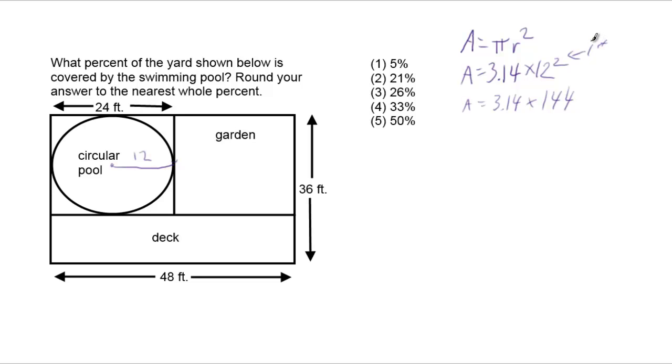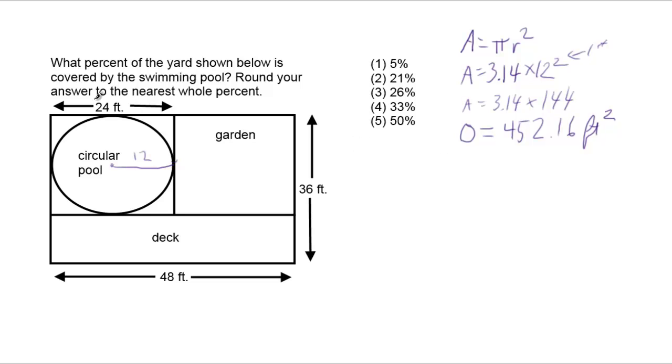So now we just multiply 3.14 by 144, and the area of the circle is 452.16 feet squared.